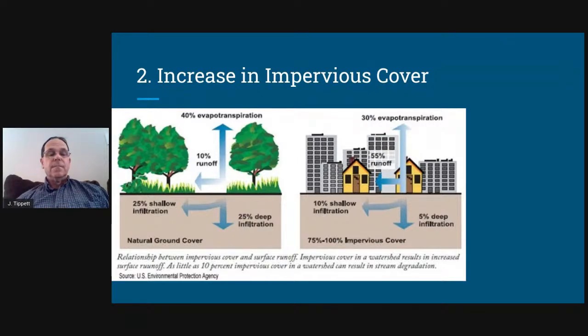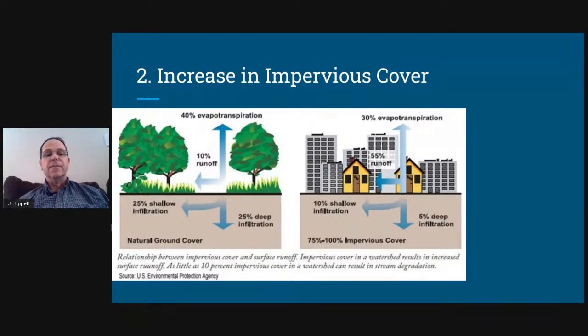So more water runs off as surface water flow in the streams, which actually causes the streams to erode themselves more and transport more dirt downstream. So simply by the process of development and installing impervious cover, we also tweak and impact the hydrologic cycle, right?